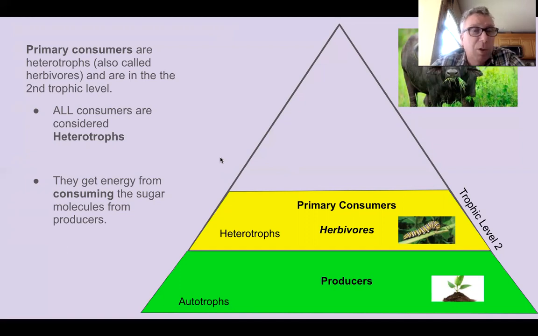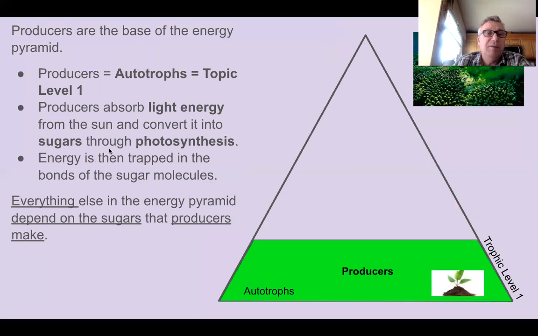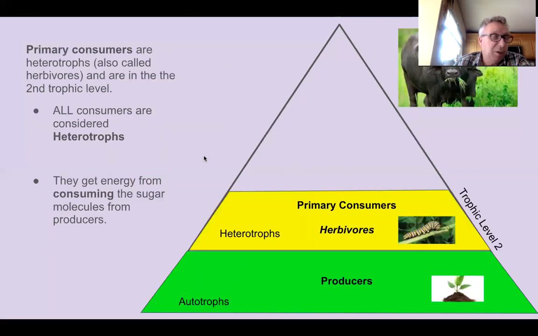All consumers are considered heterotrophs. So everything above the autotrophs is going to be a heterotroph, meaning they get their energy from consuming the sugar molecules from producers.